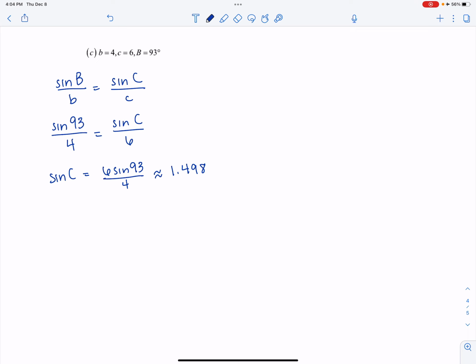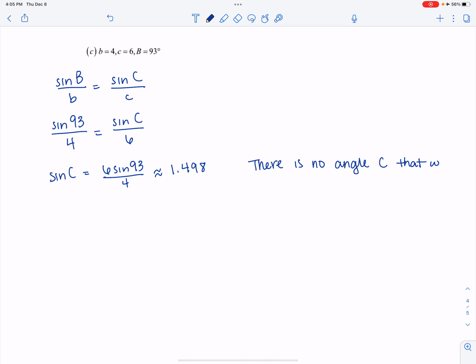Now we're noticing that this sine is greater than 1, and there's no angle C that will give a sine greater than 1.